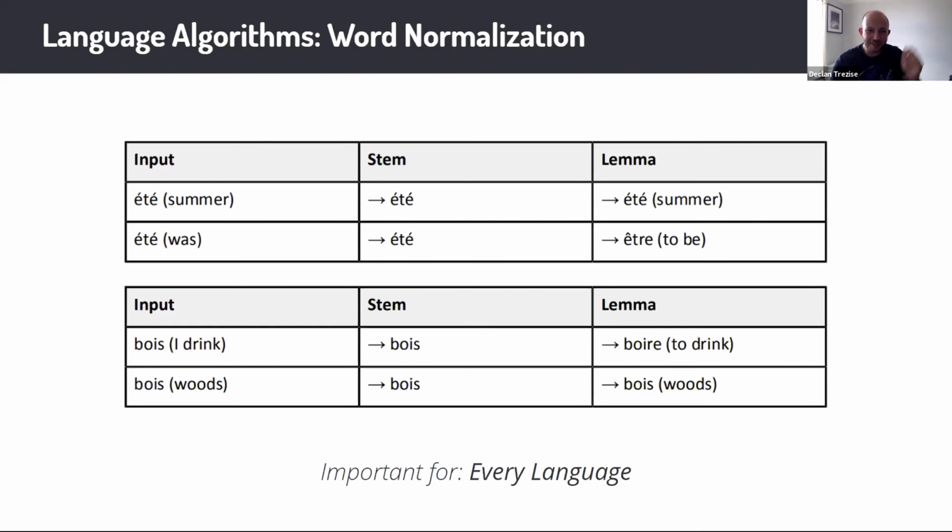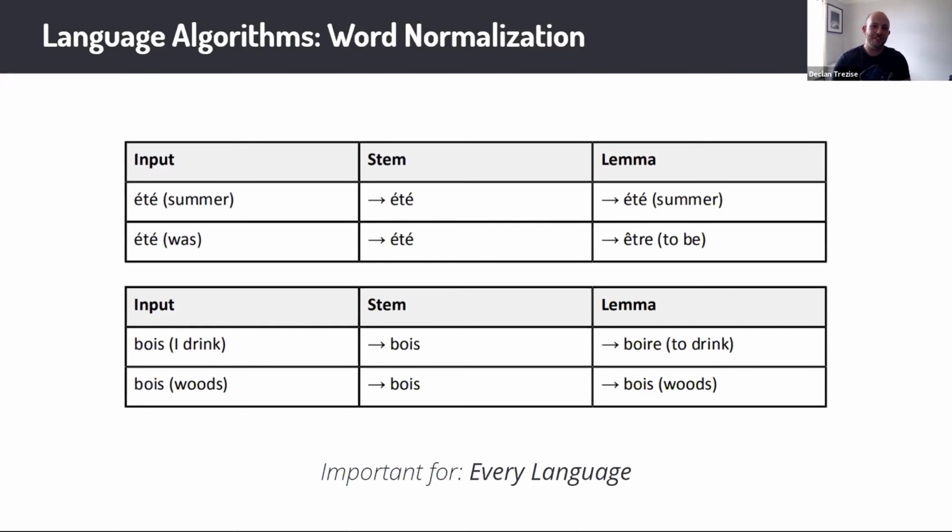So été meaning summer might be the same as été meaning was, but they each have a different normal form, right? So été meaning summer is its own lemma, its own normalized form, but été meaning was is actually normalized to être, which is the verb which means to be in French.